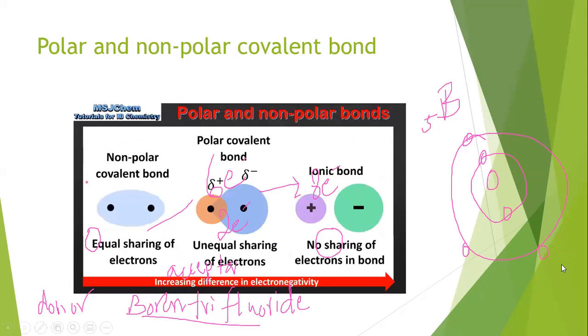Next, we have a topic about polar and non-polar covalent bonds.